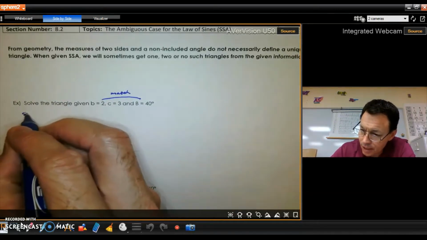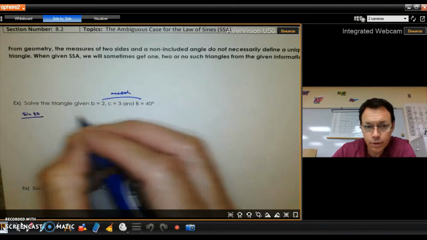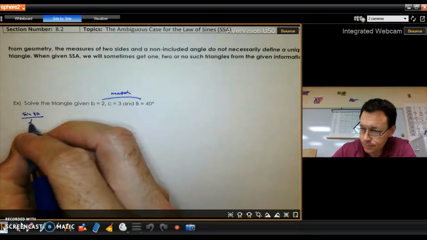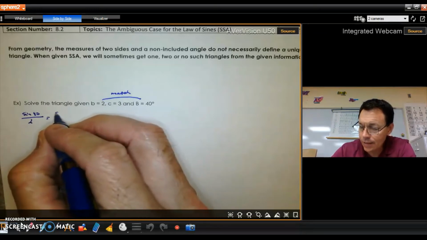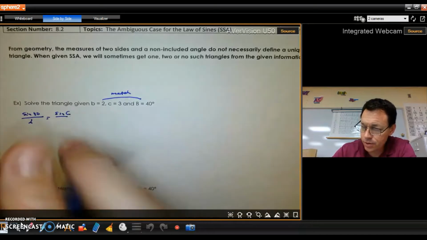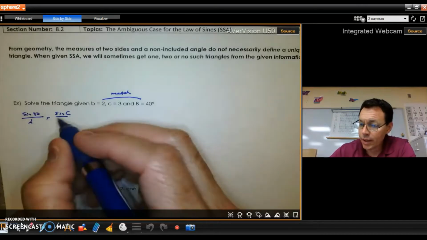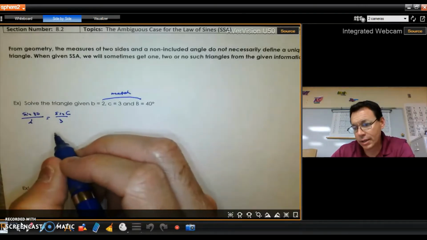So I'm going to do the sine of 40 over 2 equals the sine of big C over little c, which is 3. All right, now, just like before, we're going to cross multiply.